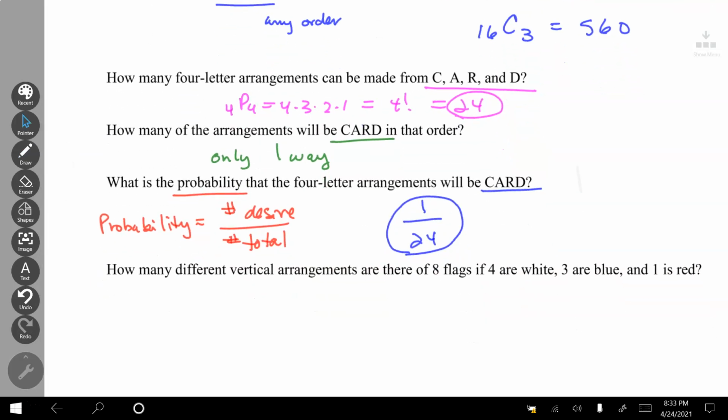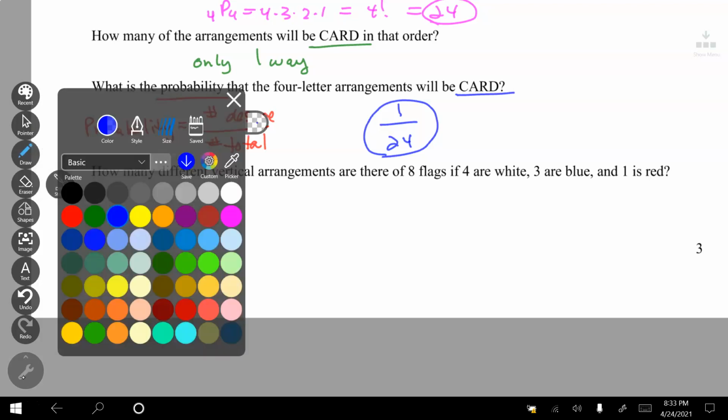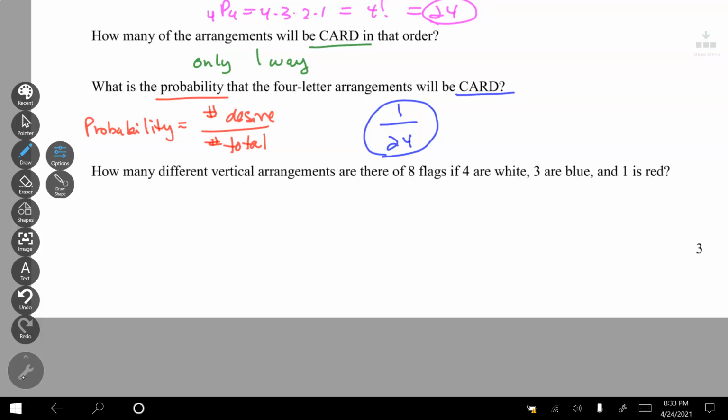So this final question, there's 2 ways to do it. One way is to use combination. When I put out these flags, I can put them out in any order, so it's going to be combination. I have 3 different color flags: white, blue, and red. And here are my possibilities, and there's some repeats going on. At the very beginning, I have 8 flags.